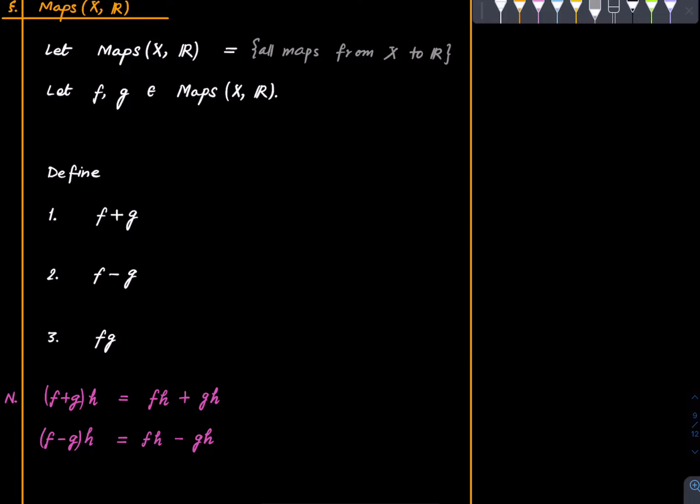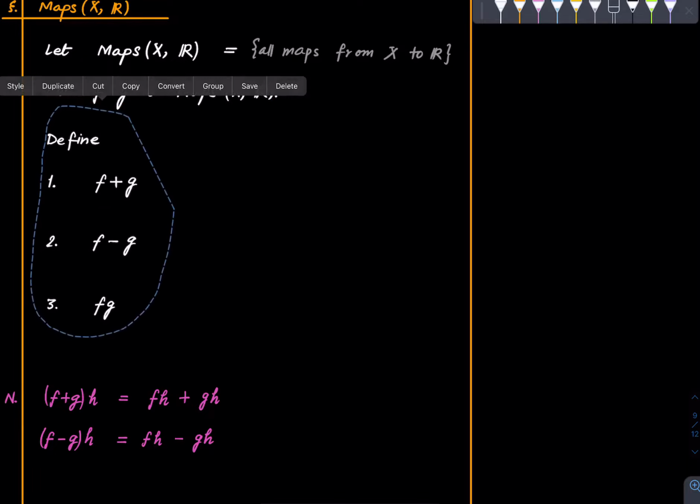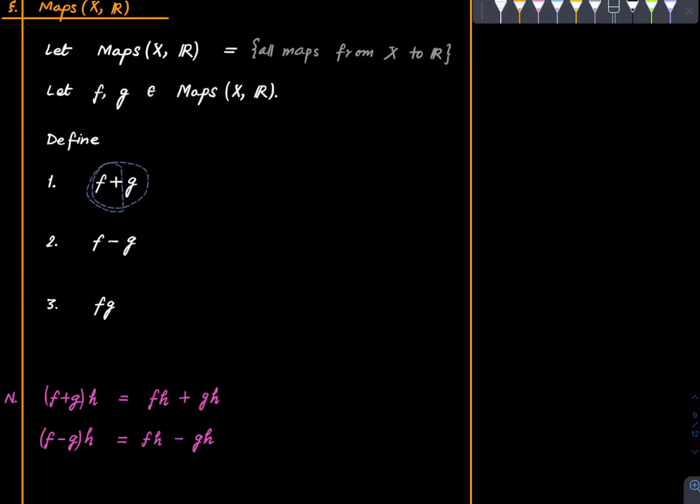Okay. And now suppose F and G were elements here. So they are both maps from X to R. Then we can define a few things. So then we can define F plus G. So what is F plus G? F plus G is a map from X to R. And how is it defined?